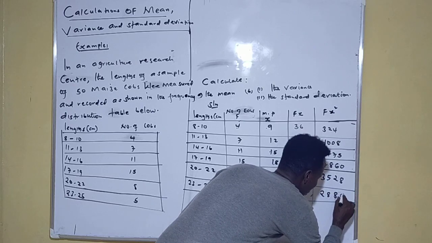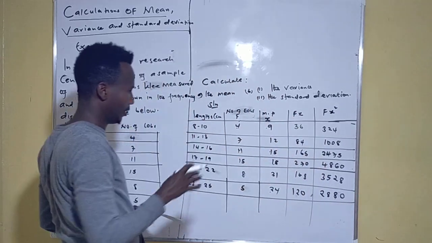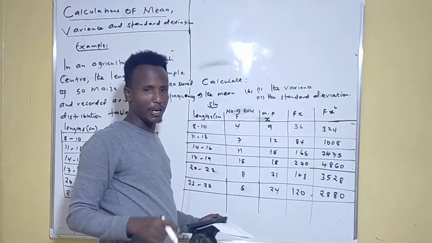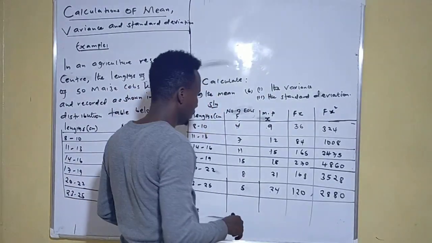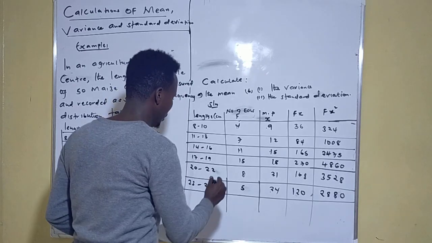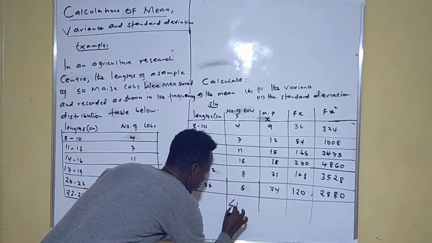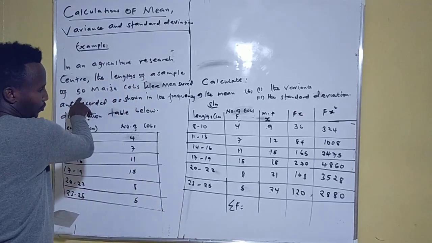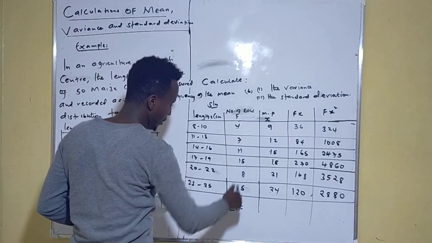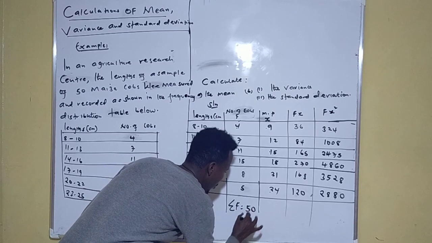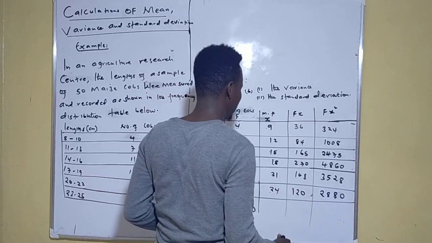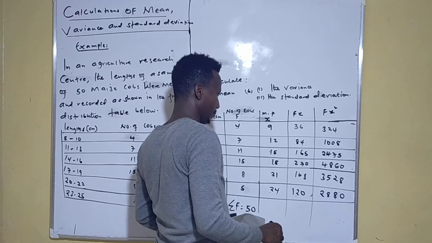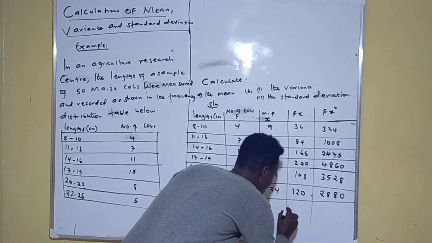My brothers, make sure you carry out the right calculation. We have fx squared, meaning f value multiplied by x squared. So in this situation, you're going to get sum of f. Sum of f is already given, it's here, 50. So the moment you add all these, it will be 50. Don't forget. Then let's get sum of fx, because you're going to use this one.